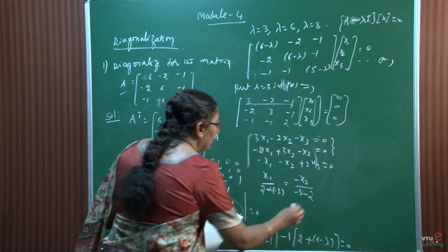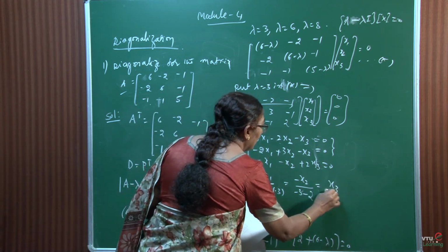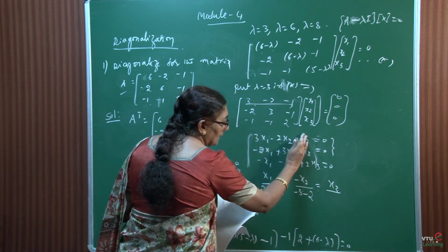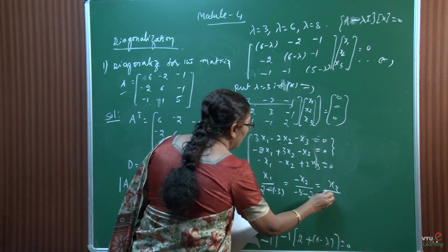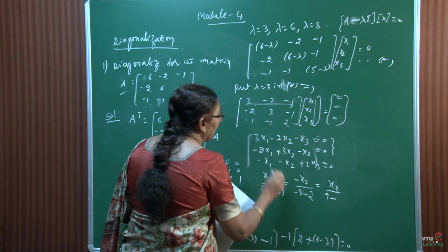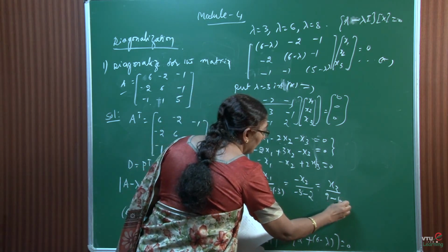Equal to x3 divided by, leave the last column, then take first and second, 3 into 3 is 9, minus of minus 2 into minus 2 is plus 4, we get 5.